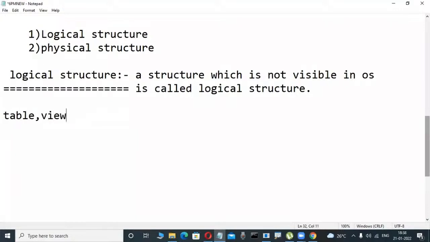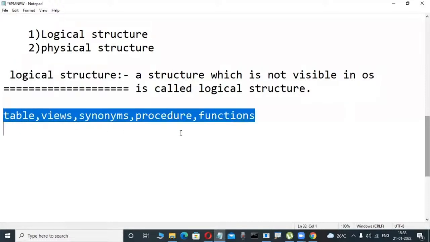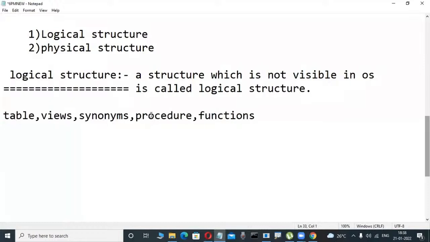Views are there, synonyms are there, indexes are there. These are all the database objects. Procedures, functions, triggers, packages are there. So many things. These are all logical structure. That is not visible in the operating system. Whatever objects we are learning in our courses are not in the operating system.